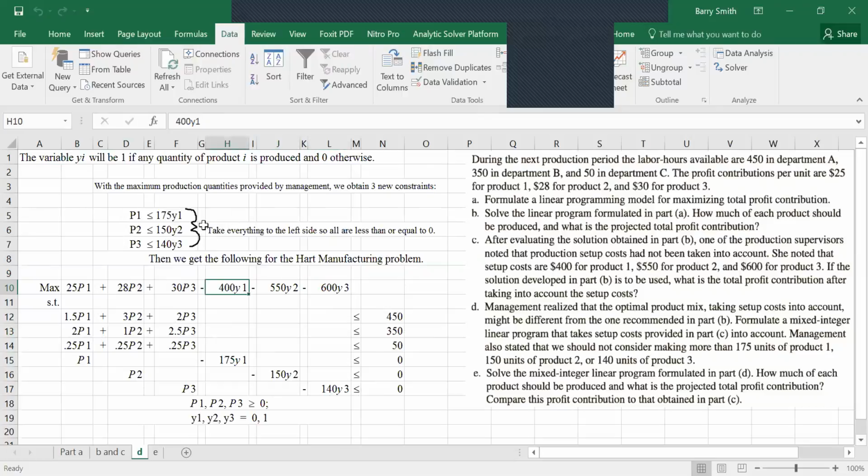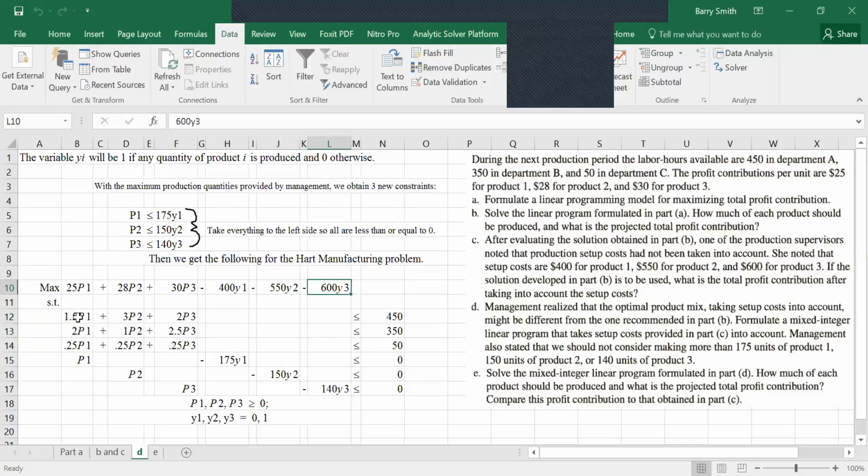And so if we produce product 1, that's going to be y1, so that'll be a 1. If we don't produce it, that'll be a 0, and so 0 times 400 is 0, so it won't matter. Same thing here. If we produce product 2, we'll put a 1 here, so then we'll subtract off 550 for the setup cost. Otherwise, it'll be a 0 and be no deduction, and same thing here.